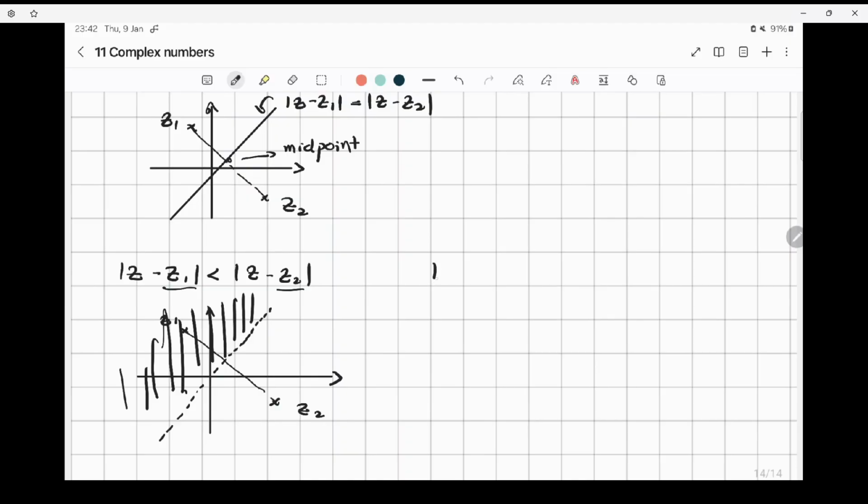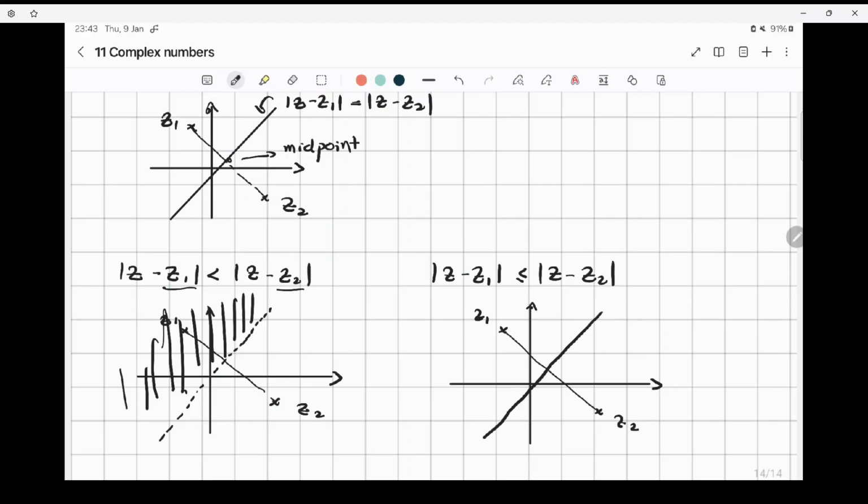If let's say you have modulus z minus z1 smaller or equal to modulus z minus z2, so this time what you would do is to plot these 2 points, and let's say this is your perpendicular bisector.